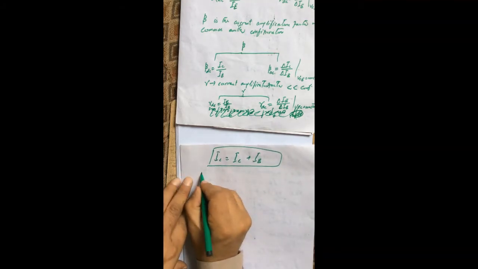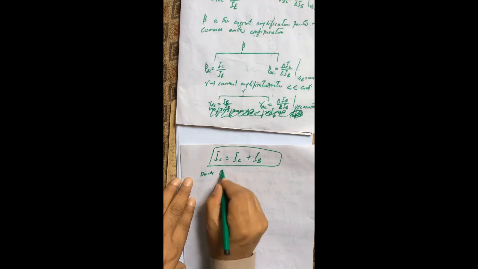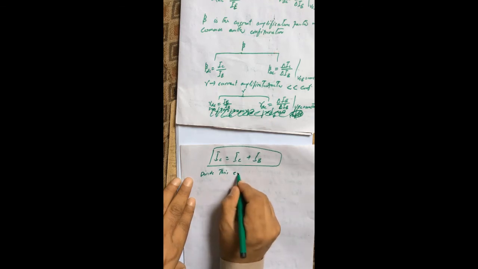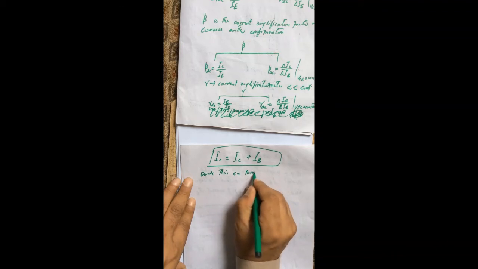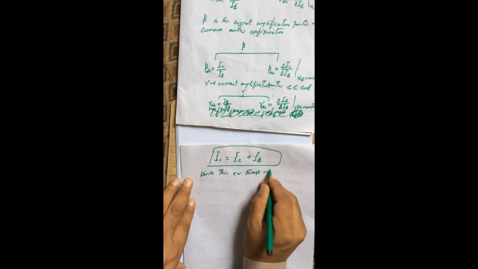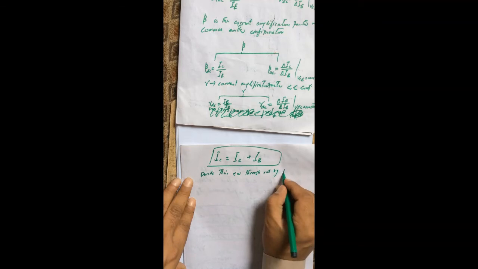Next I have to divide this equation throughout by IB, the base current.